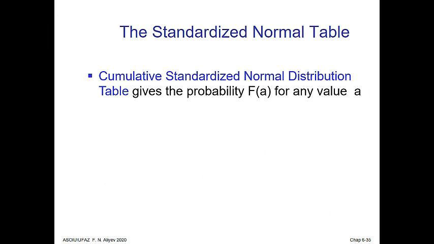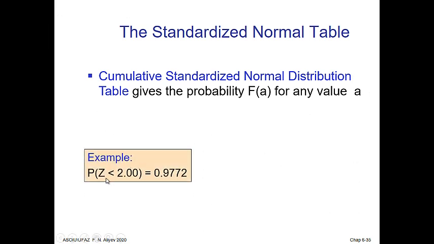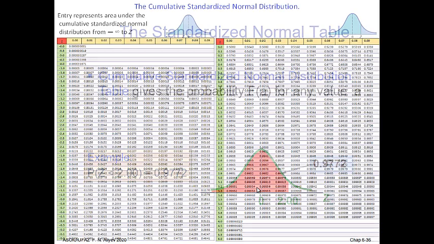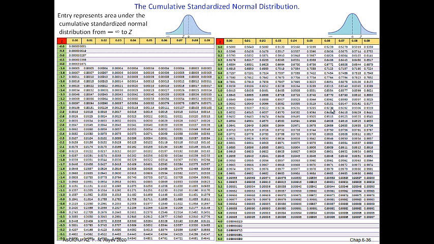More examples. Suppose we want to calculate the probability of z less than 2.00. We find from the table 0.9772, which represents the area to the left of 2 and under the graph. Let's find it from the table also. We need to find the z value 2.00.